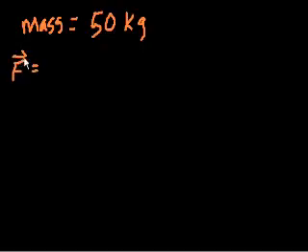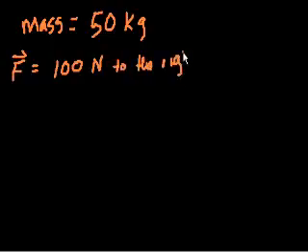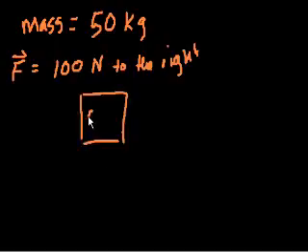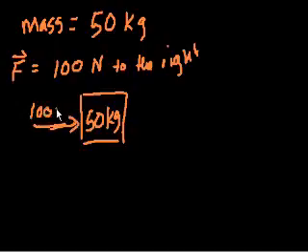So we know that force is a vector. Let's say I apply a force of 100 newtons to the right. So this is the object, 50 kilograms, and I'm applying a force to the right of 100 newtons.